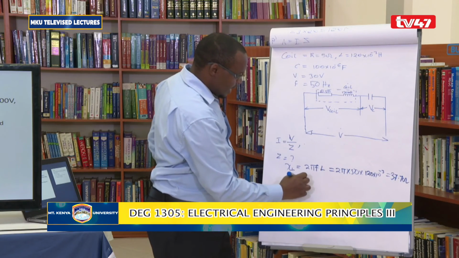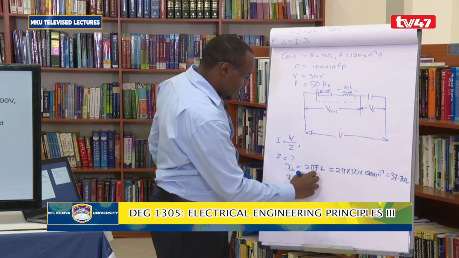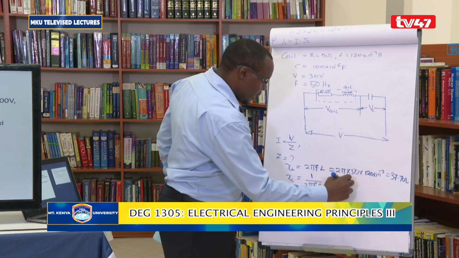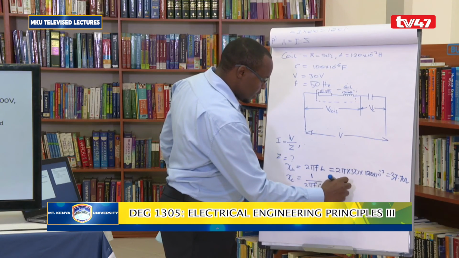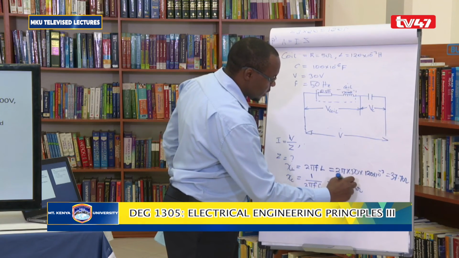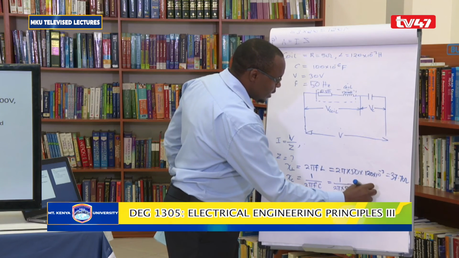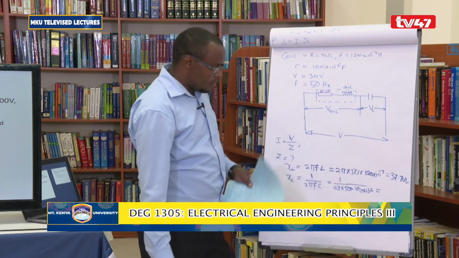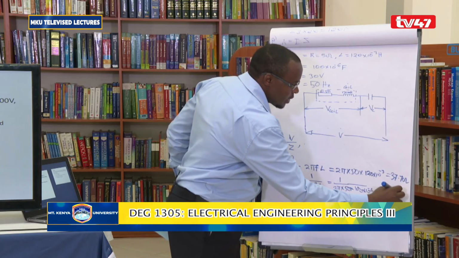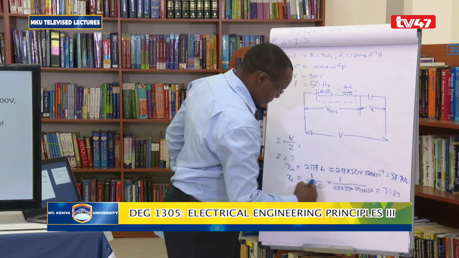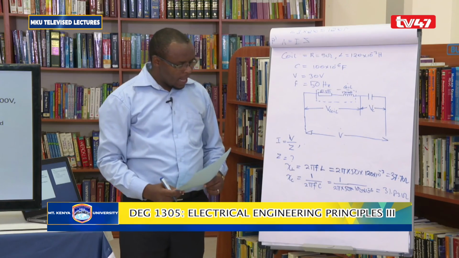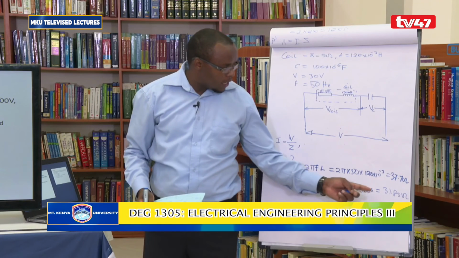Then you get the reactance across the capacitor, which is given by 1 over 2 pi FC, which is 1 over 2 pi times 50 times the capacitance, 100 times 10 to the power negative 6, and this is going to give you an answer of 31.83 ohms.